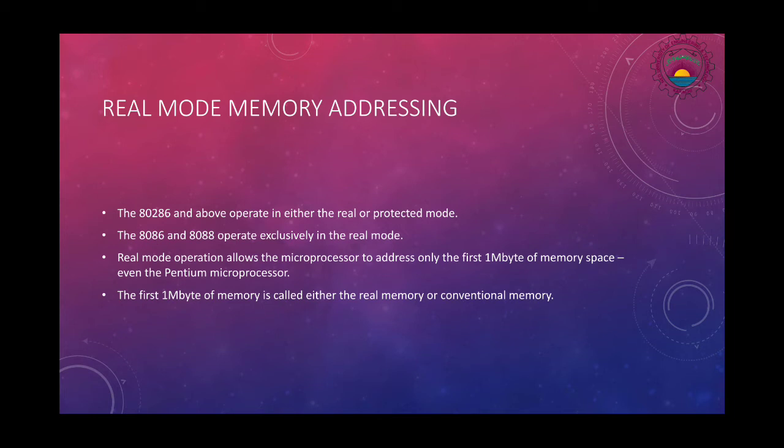If 80286 or higher processors are operating in real mode, only 1 megabyte memory will be available. But if these processors are operating in protected mode, more than 1 megabyte memory may be accessed.